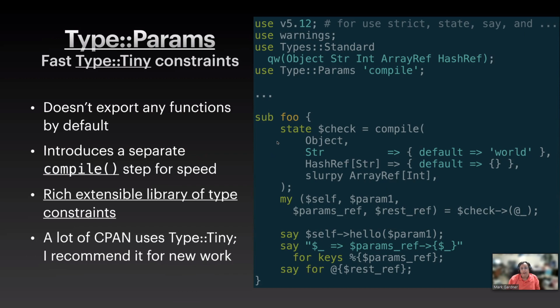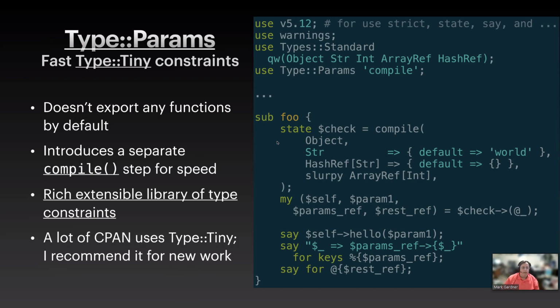You have a compile function where you take the specification that you want to validate your parameters against and assign that to a code ref variable.